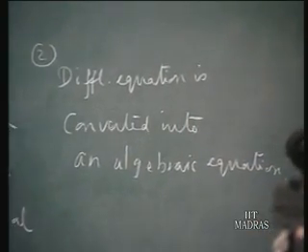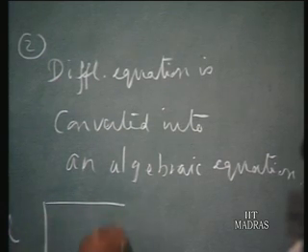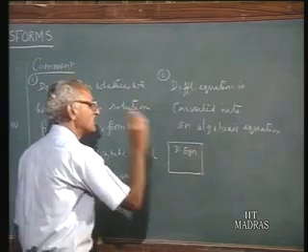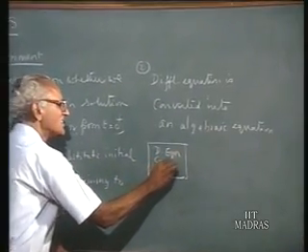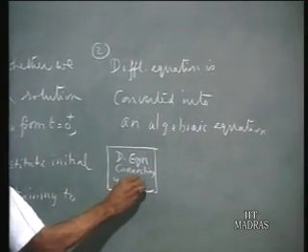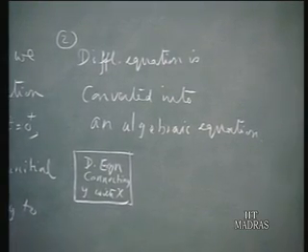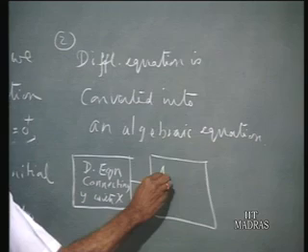So the steps that are involved here: first, a differential equation connecting an output quantity y with an input quantity x. Then we convert this into an algebraic equation.